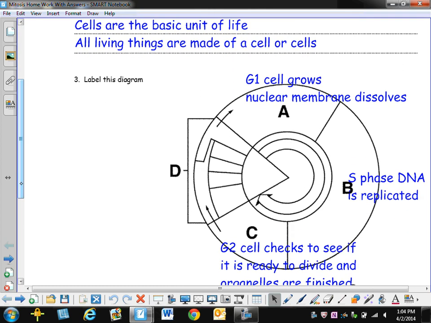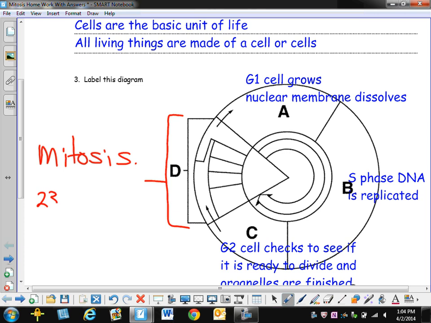Okay, so we're going to label this diagram, and I've already started doing part of it, so check yours. This part here is called mitosis. Remember this is all review for you guys. We say that the entire cell cycle takes somewhere between 23 and call it 25 hours.